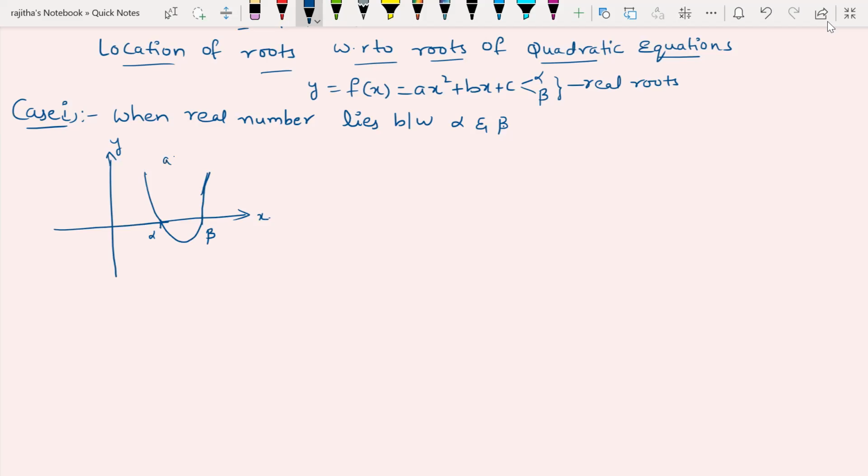So here a is always greater than 0, and the discriminant is also greater than 0. The graph is like this, upward direction.